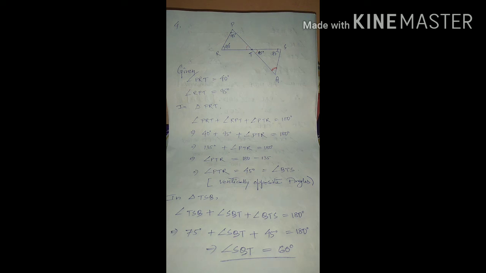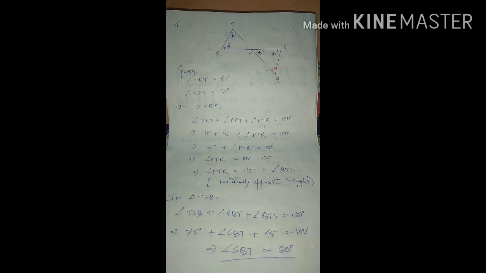Is it clear? So these first four questions from exercise 6.3 we have done. Now your task is what? You have to complete the example questions first of all. After completing the example questions, you have to repeat these four questions again in your classwork copy, or you can maintain them in your homework copy.